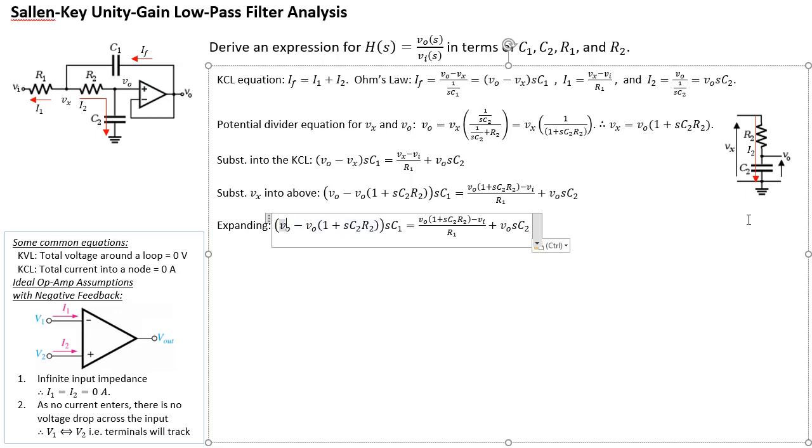So maybe I'll just say expanding and factorizing. So here's going to be VO multiplied by 1 minus, and then this thing here, that's inside the bracket there. And I'm not going to say anything on the right yet.